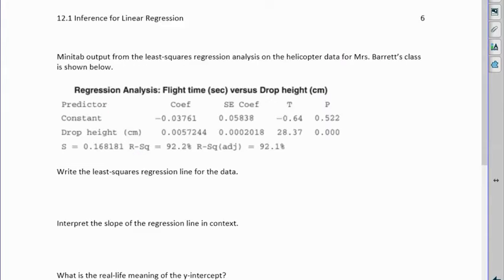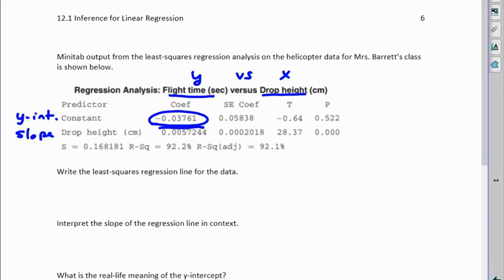The Minitab output is a regression output for the flight time of our helicopters versus the drop height for our helicopters. So notice how I'm saying y first if I'm using the word versus. When I look at the output, my y-intercept is negative 0.03761, and my slope is 0.0057244.